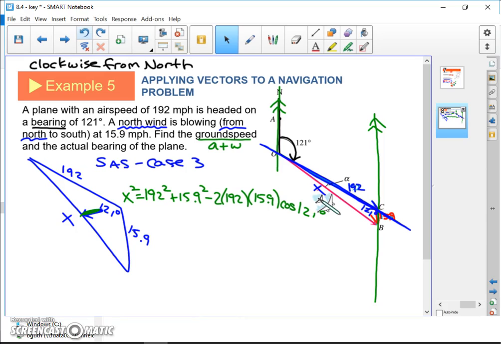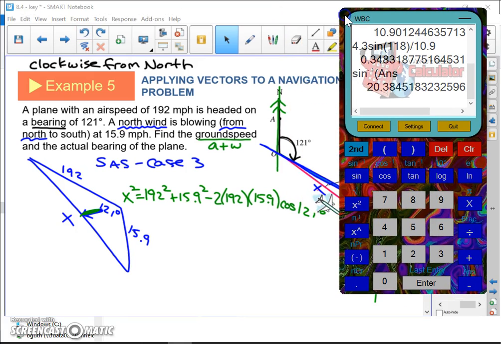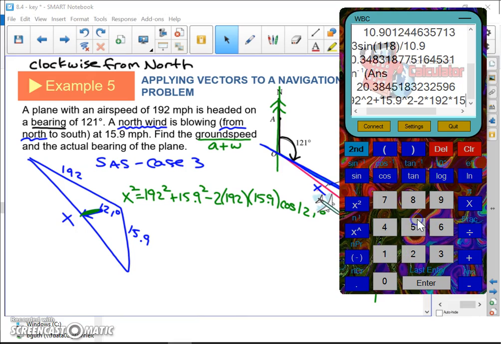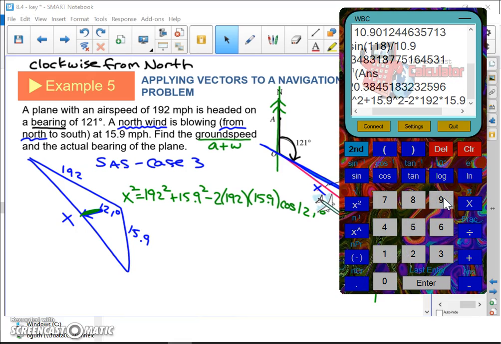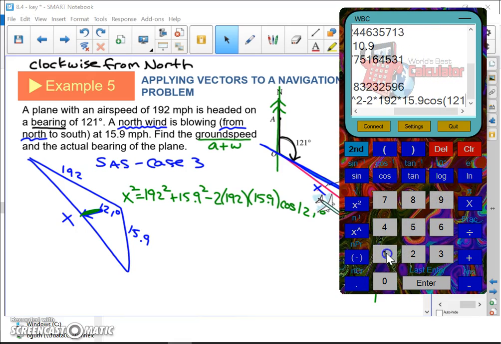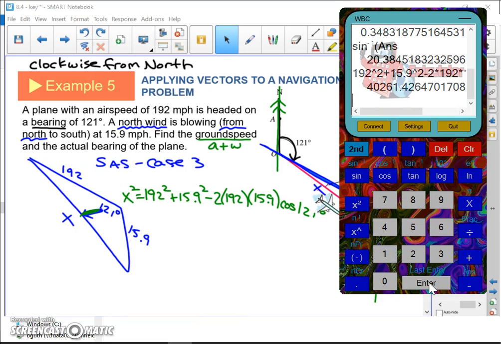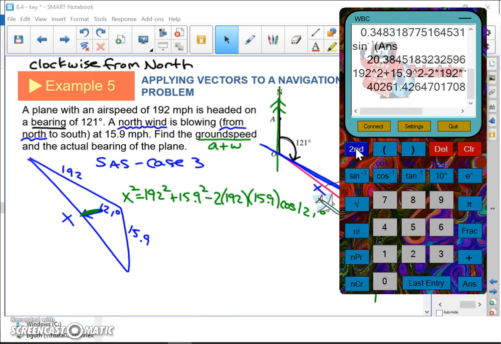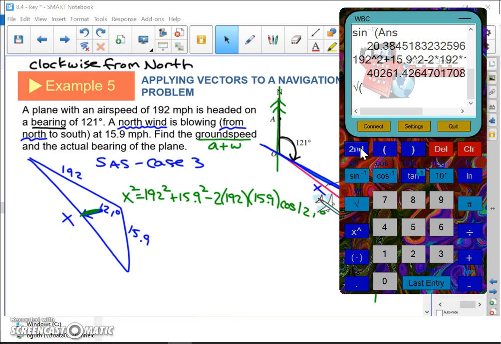So we're going to type all that in, and let's see what happens. We're going to do 192 squared. And then square root that answer to get x by itself.